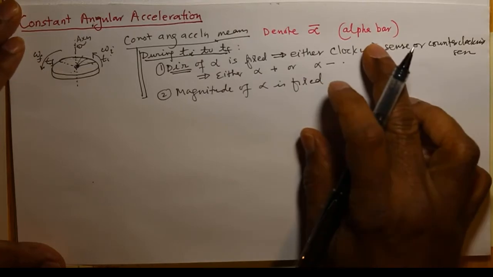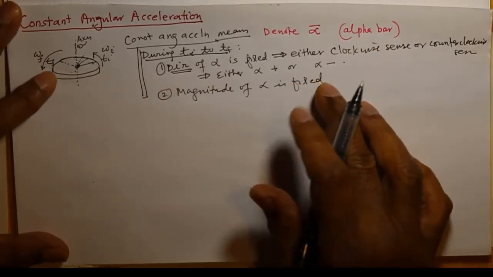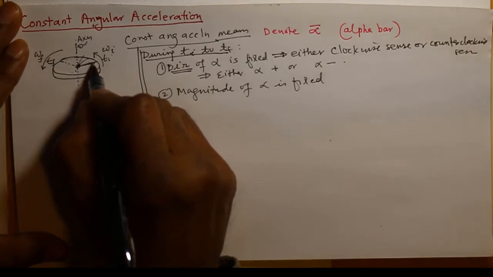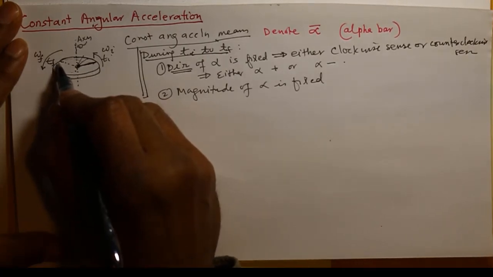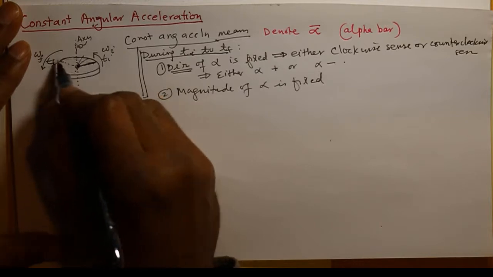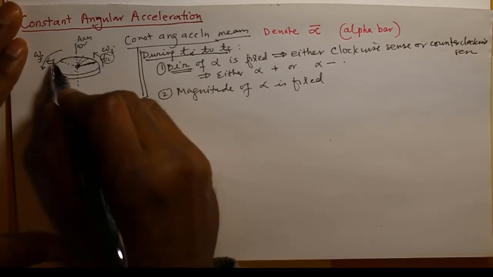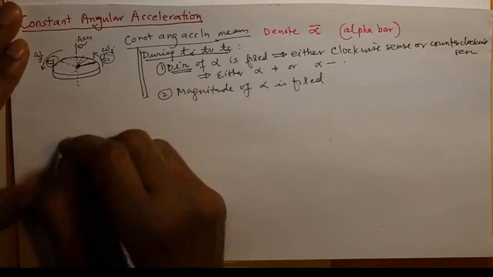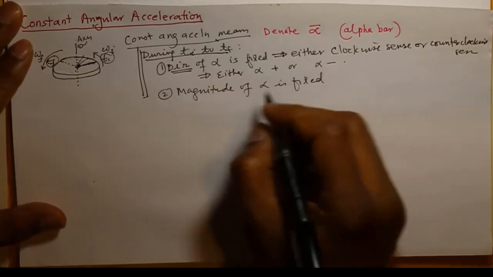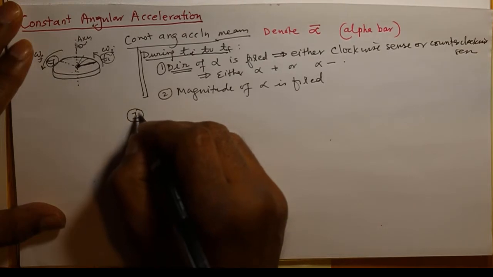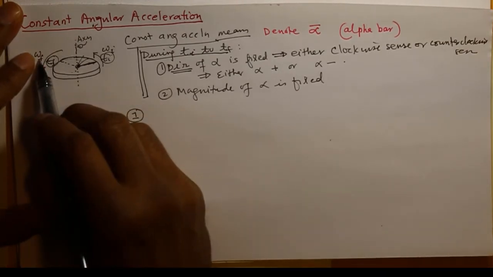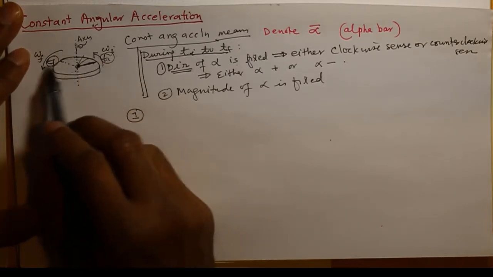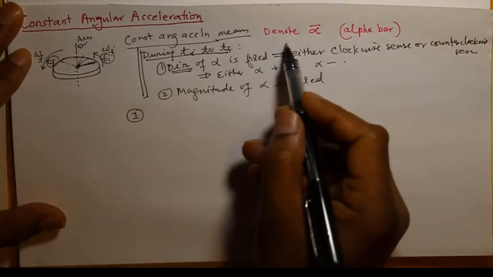So where the equations come in is going to be like this. We are going to examine between two instants ti to tf what the different relationships are. Number one relationship: if alpha is fixed, then the average rate of change is the same as the fixed one.